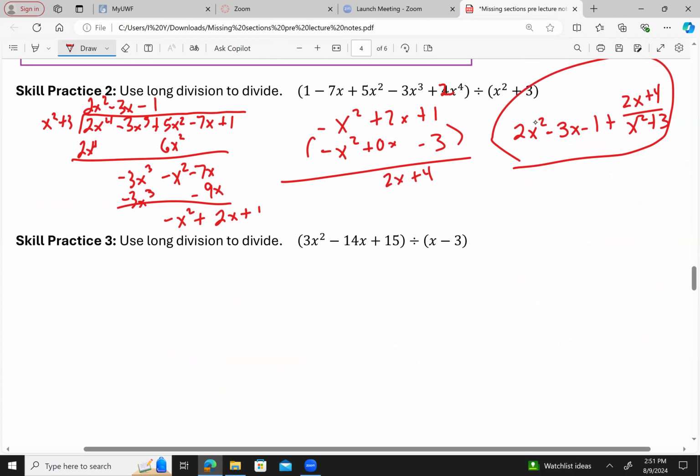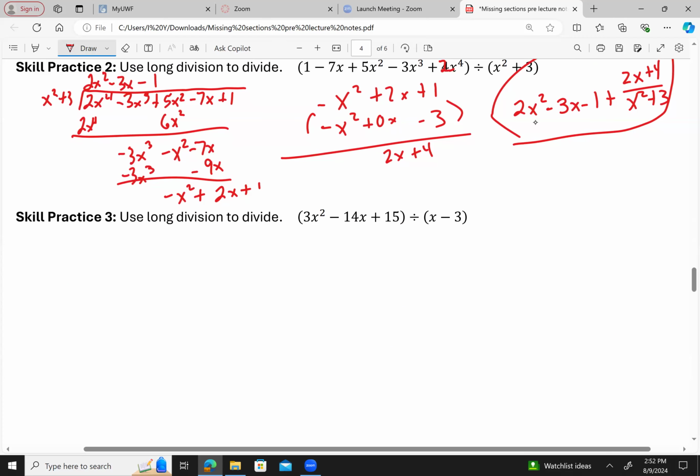Okay, and then we'll do one more. 3x squared minus 14x plus 15. I have every degree, so I don't have to worry about any placeholders. Divided by x minus 3. So x minus 3 goes into 3x squared minus 14x plus 15.